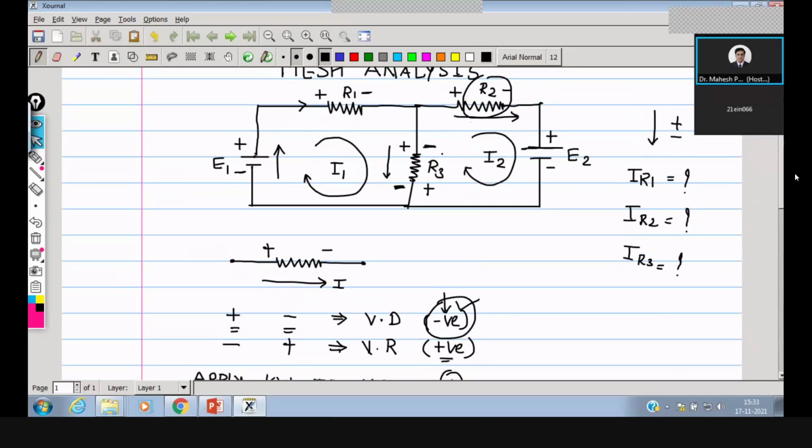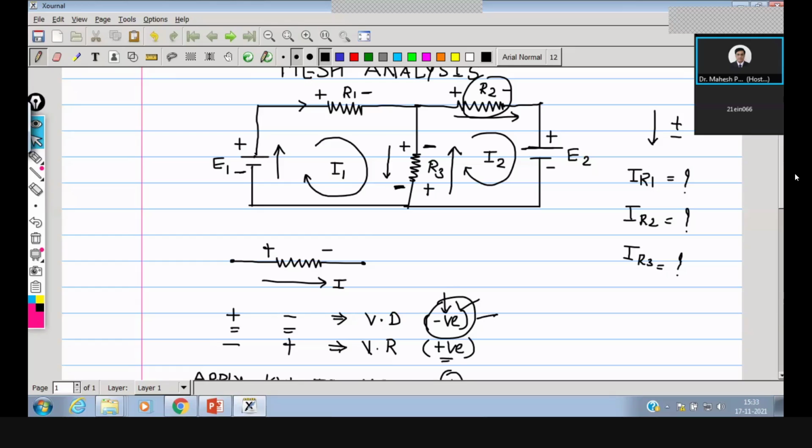R3 is a combined resistor between mesh 1 and mesh 2. There are two different voltage drops, one due to I2 and one due to I1. Due to I2, the current is assumed in the direction from bottom to top, with plus and minus sign, so we will use it as a minus voltage drop.